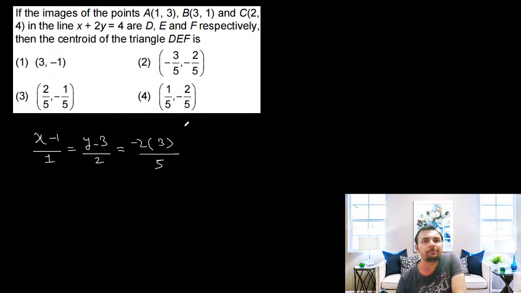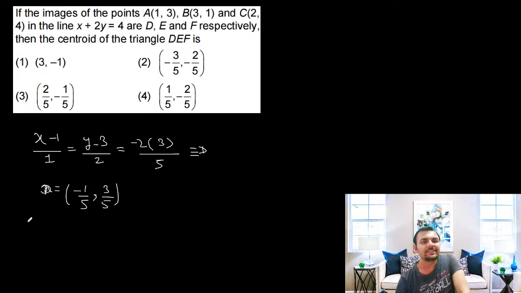We will get the point D from here. x equal to minus 6 by 5 plus 1 minus 1 by 5. So it is minus 12 by 5, 3 by 5. This is D.